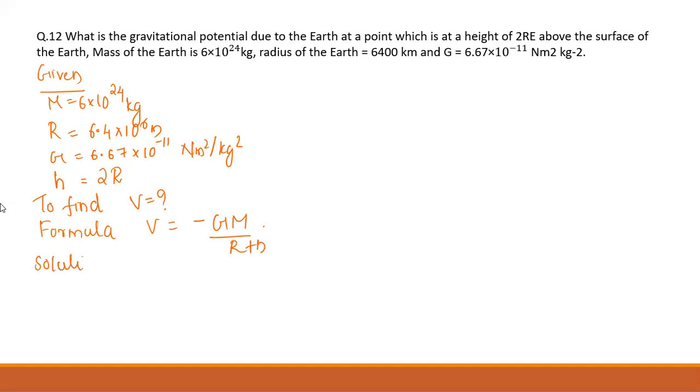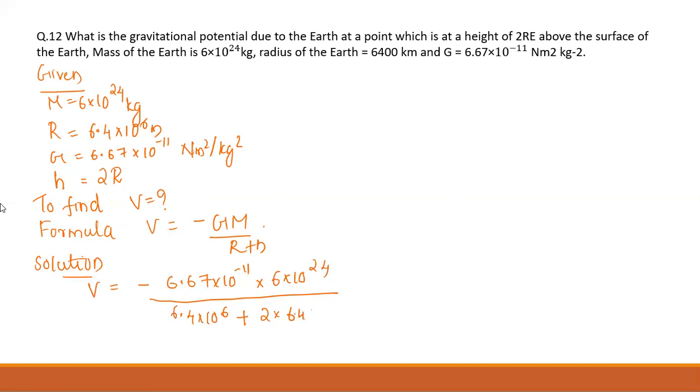Solution, that is V is equal to minus G, 6.67 into 10 raised to minus 11, into mass 6 into 10 raised to 24, upon R plus h. R is 6.4 into 10 raised to 6 plus h, which is 2 times radius of the earth, that is 2 into 6.4 into 10 raised to 6.